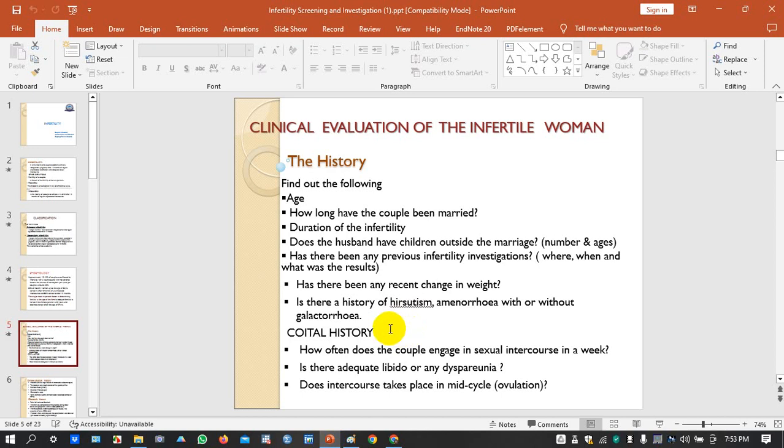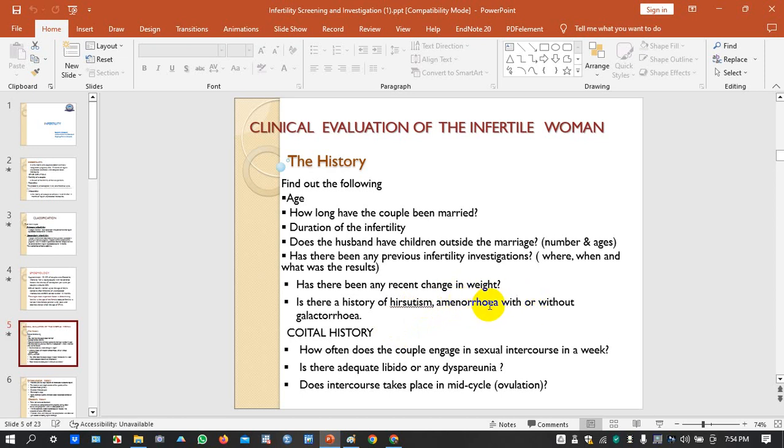Hello class. So I was at amenorrhea. Sorry, amenorrhea means absence of menstruation. If you have absence of menstruation, you are having amenorrhea.